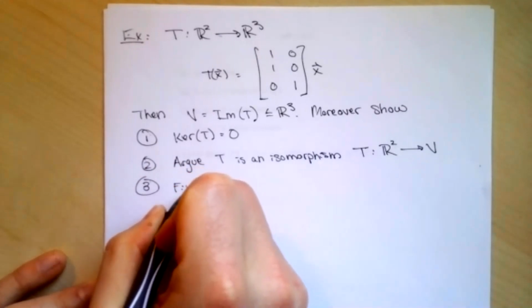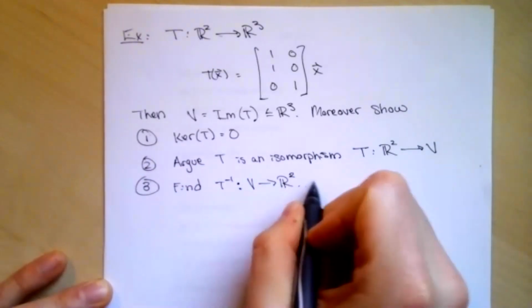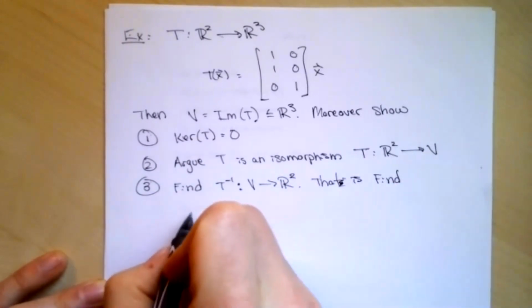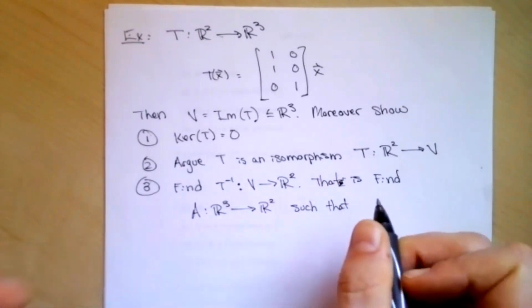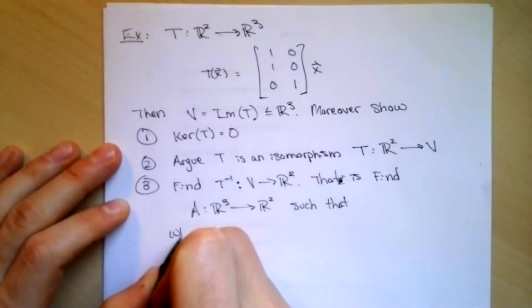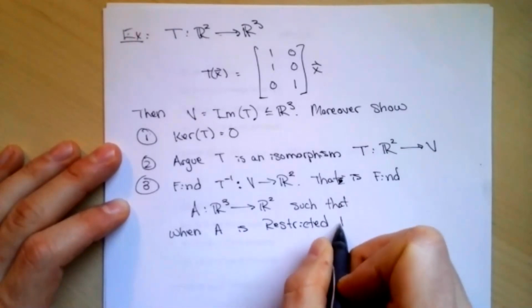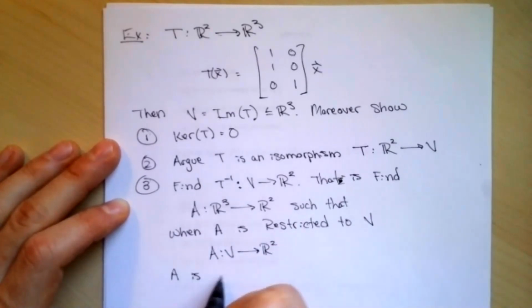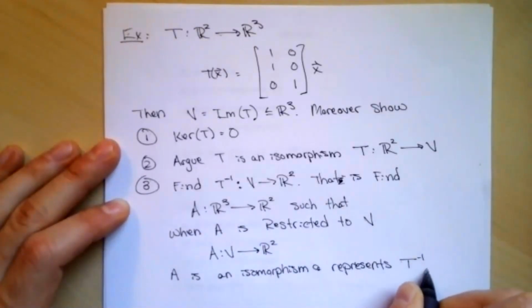And then 3, we want to find T inverse from V to R2, specifically, so that is, find the matrix A from R3 to R2 such that when A is restricted to V, A is an isomorphism, and represents T inverse.